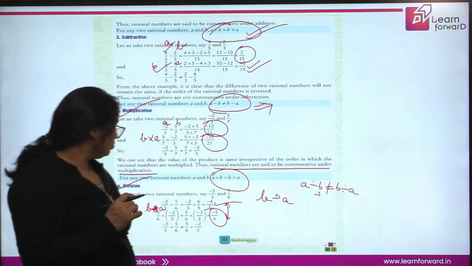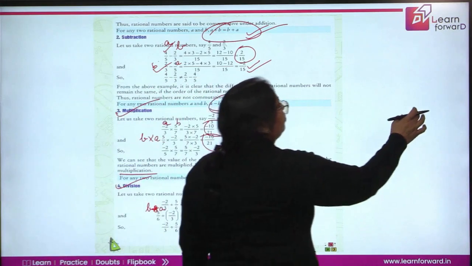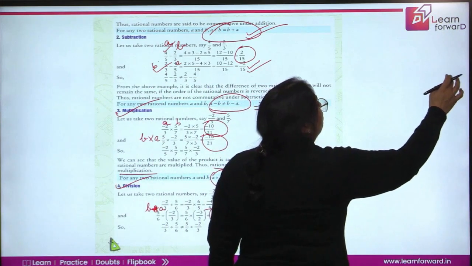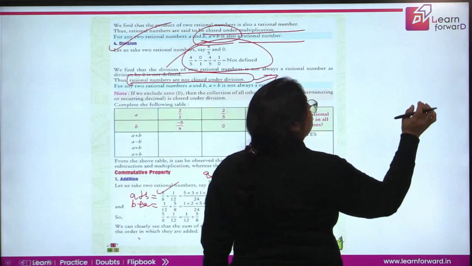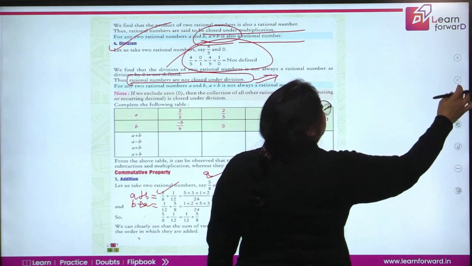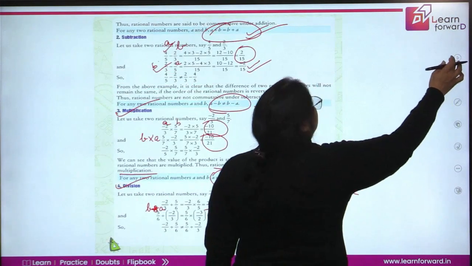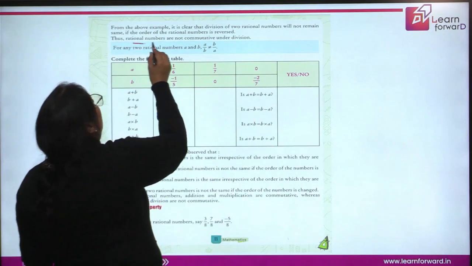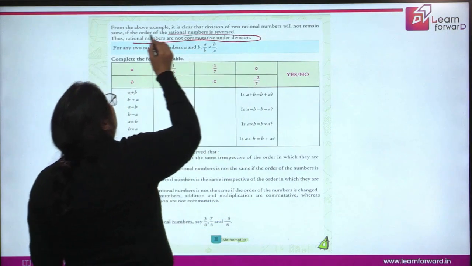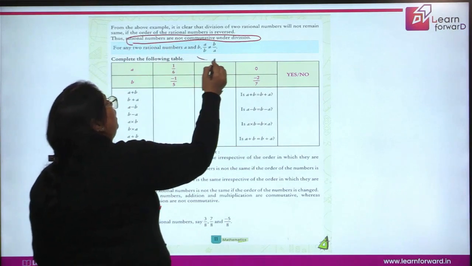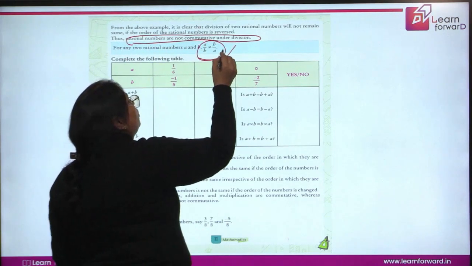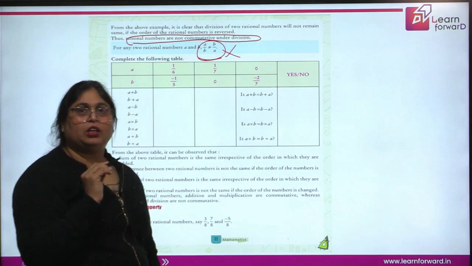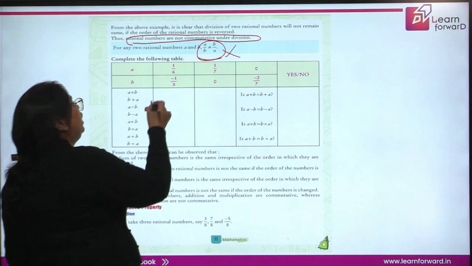So, rational numbers are not commutative under division, or you can say A by B is not equal to B by A. Here is again one table.